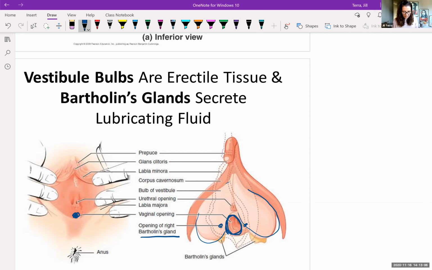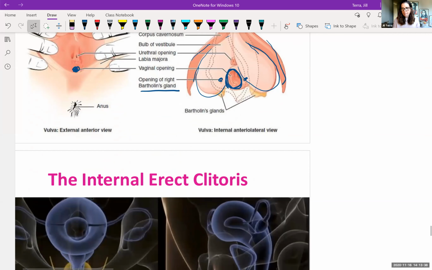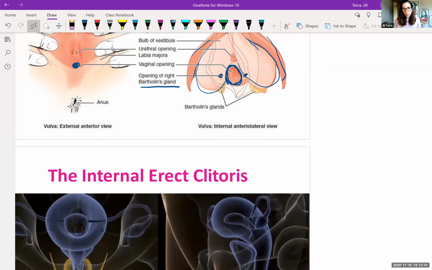What we see on the outside is the glans clitoris and then the prepuce, but then there's all this corpus cavernosa tissue, just like the corpus cavernosum in the male penis. It's very analogous. And then we have these little crura, or legs, that flank out internally, laterally to the vestibular bulbs. The word clitoris comes from the Greek word for touching and stimulating pleasure.